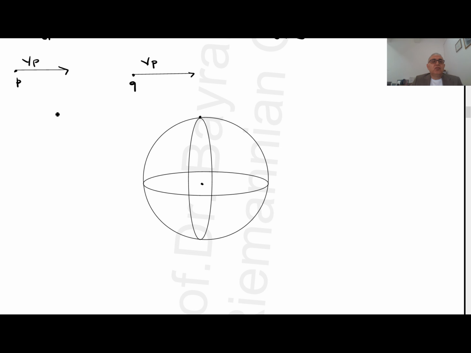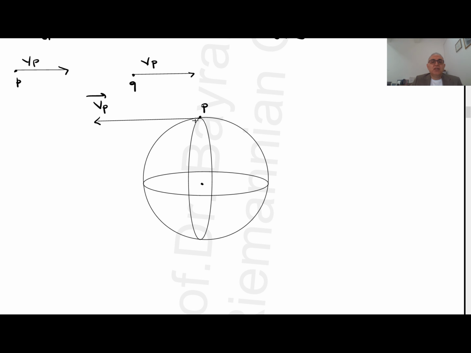So consider a line here. Let's say this is P and this is V_P. Here, this is tangent to this curve, right? This one is tangent.